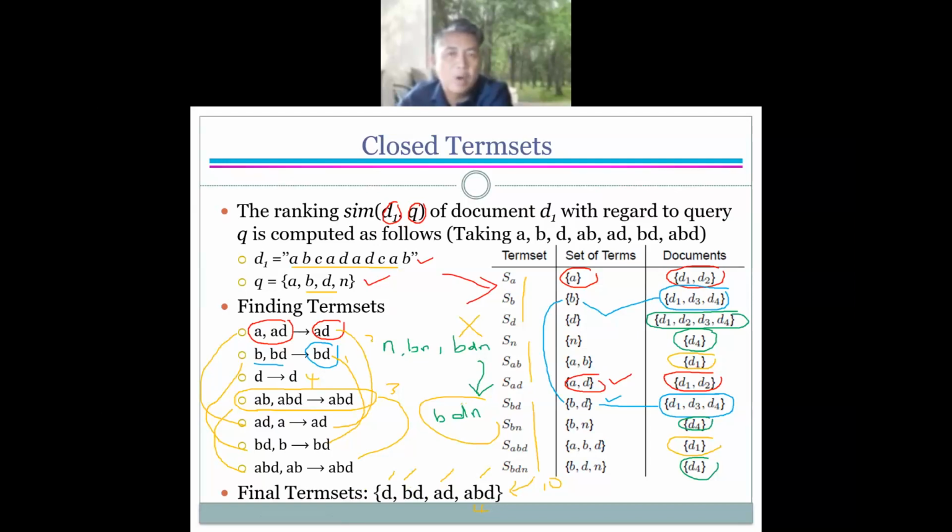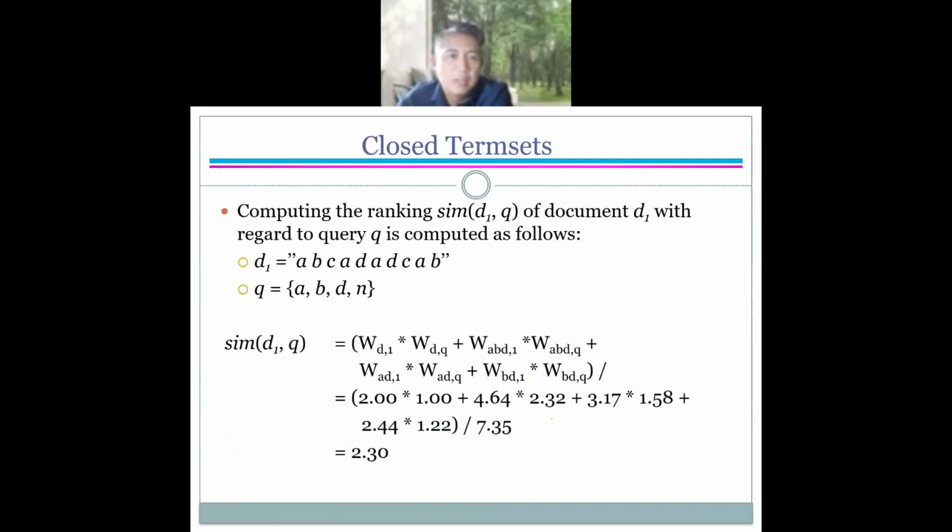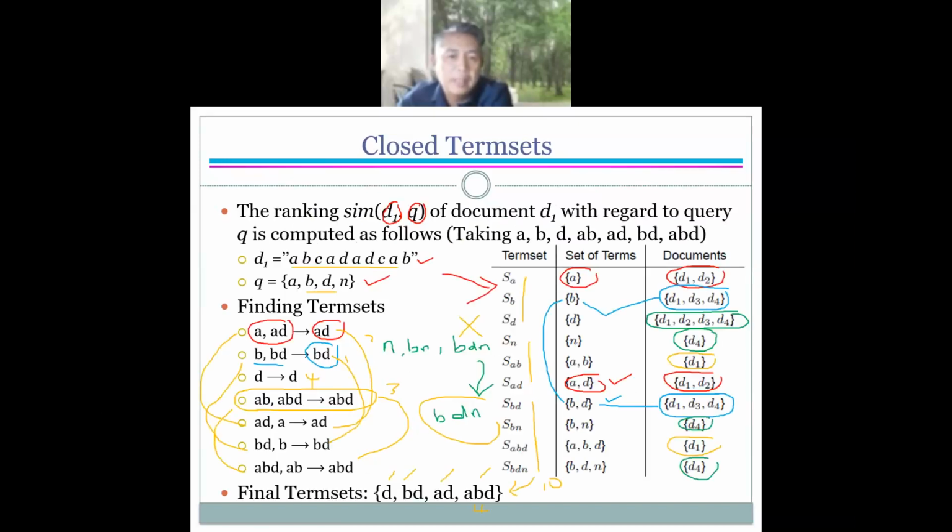How does the closed term set affect the calculation here? Since we have this one, when computing the ranking of document 1 with regard to the query, we can now limit to this only: D, BD, AD, ABD.